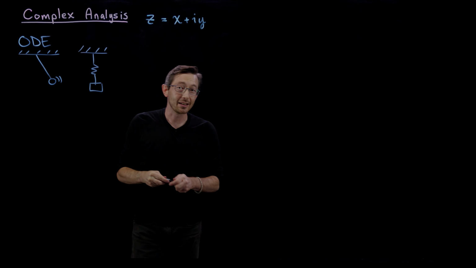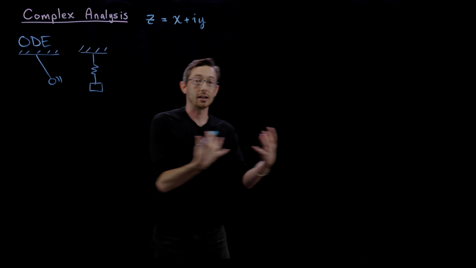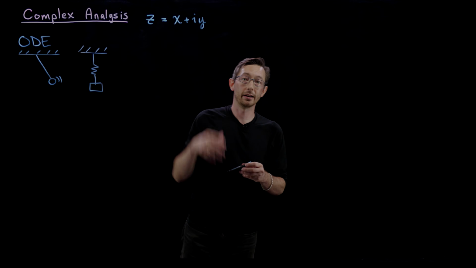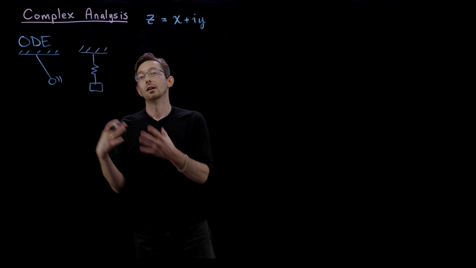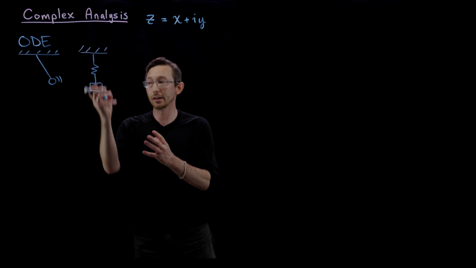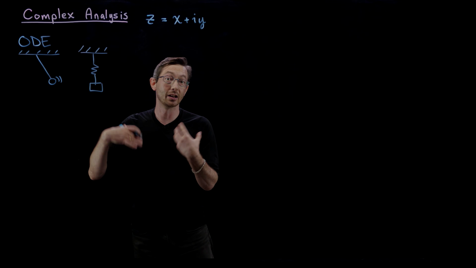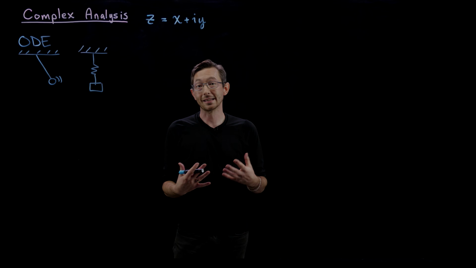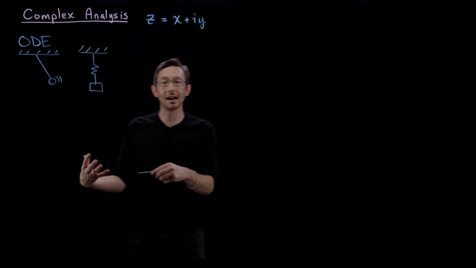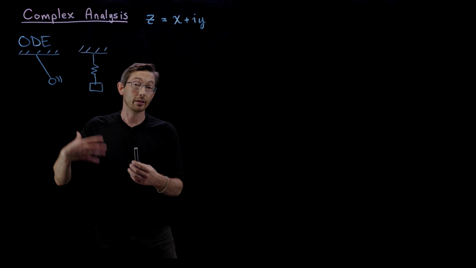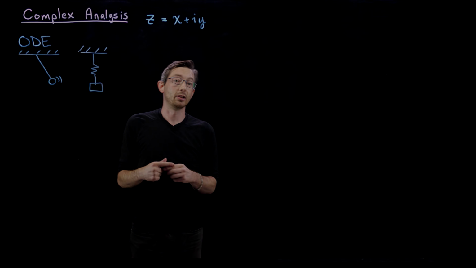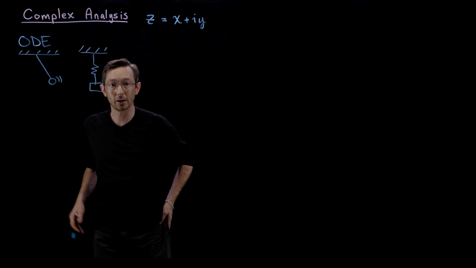Pretty much anything in physics that oscillates, that moves back and forth, is going to involve some kind of complex function. Usually we think of this motion as periodic, so it's going to be described by sines and cosines. And what we're going to see very quickly is that sines and cosines are actually the imaginary and real parts of a complex exponential function. So very cool stuff.